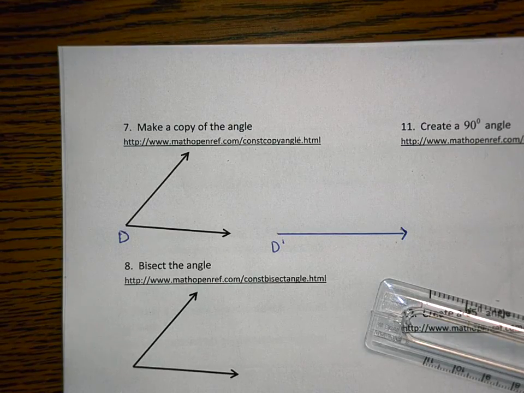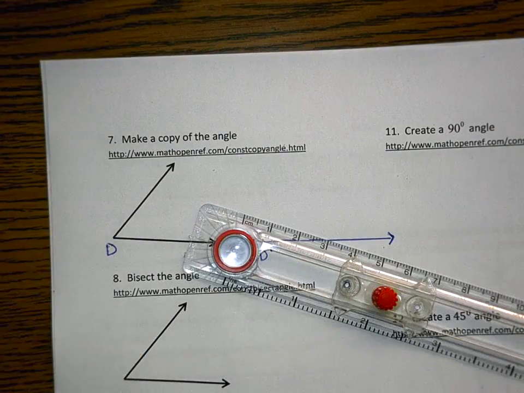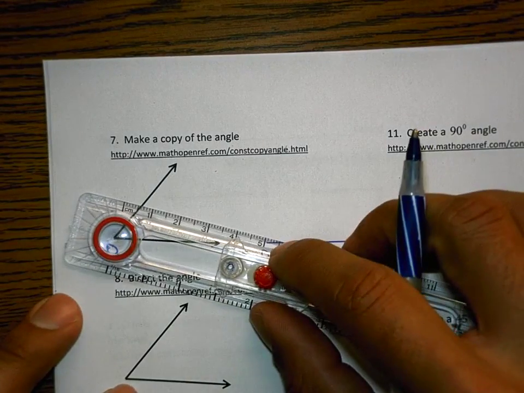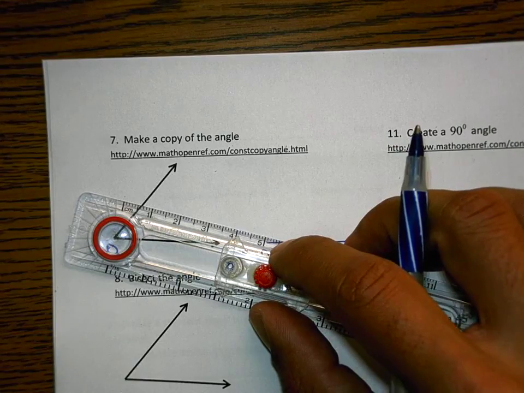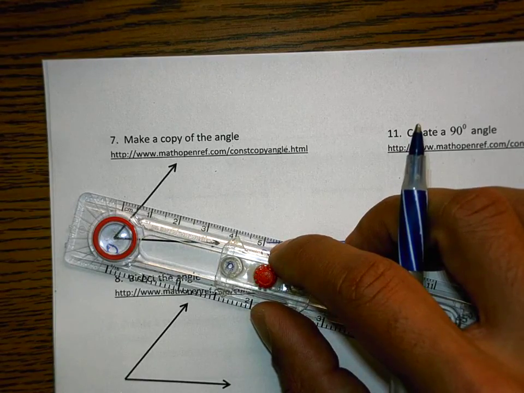Now what you want to do, once you've drawn your ray, I've done that twice already, is you're going to put your bullseye on D. And we need 2 equidistant points.